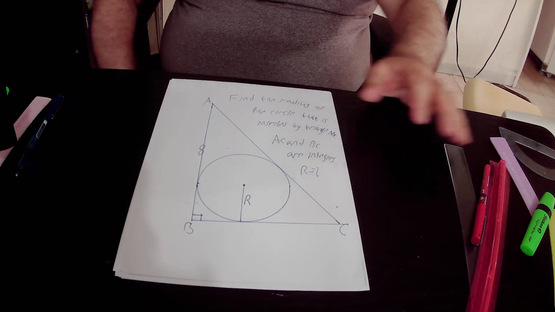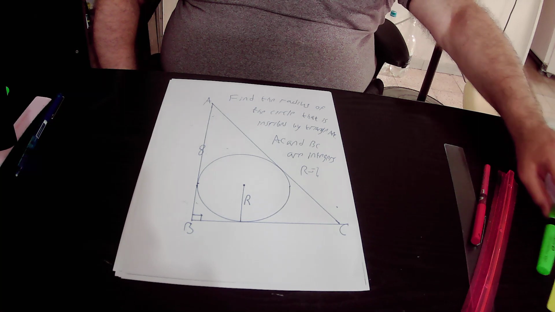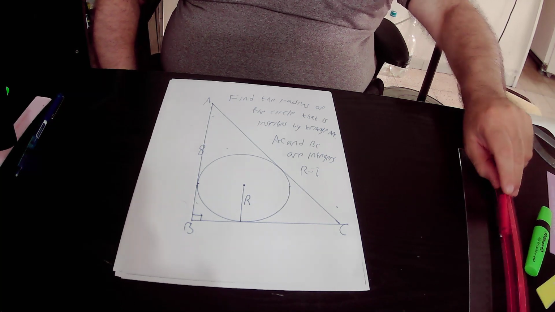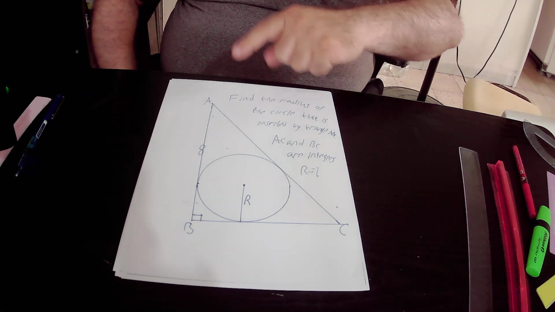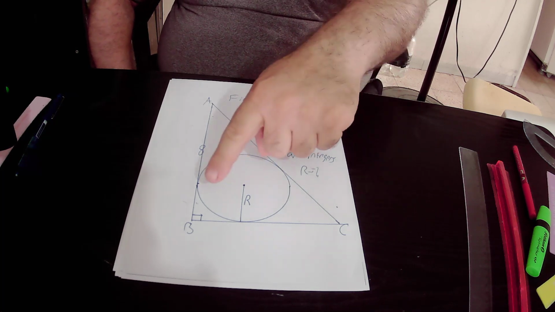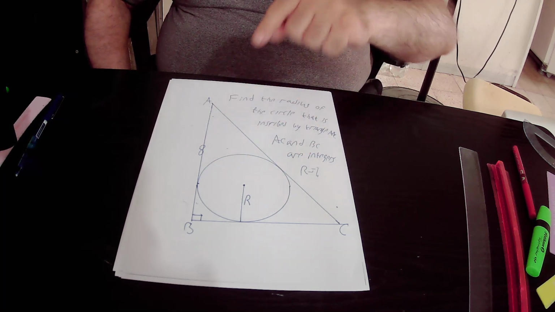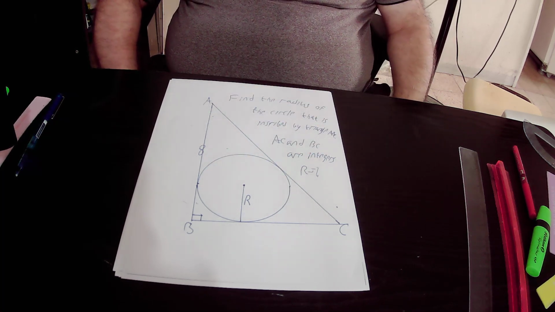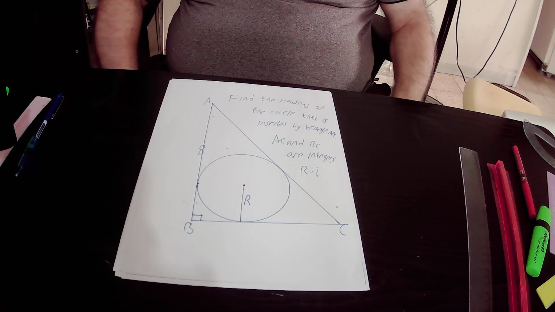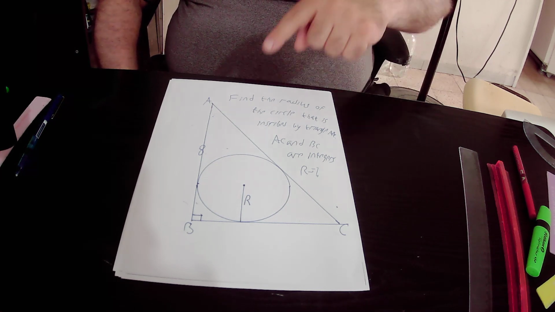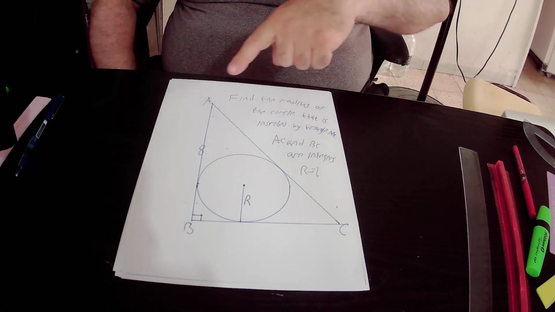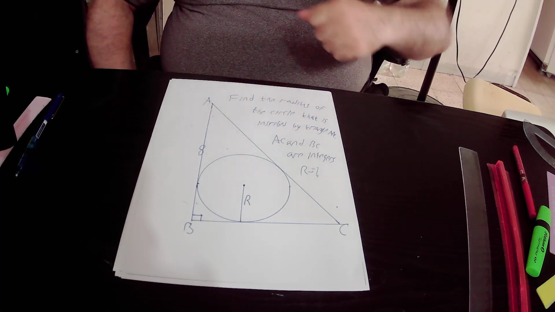In the drawing, we have a right triangle ABC. Angle ABC equals 90 degrees, side AB equals 8 units. And we want to find out the radius of this circle that is inscribed by this triangle ABC.